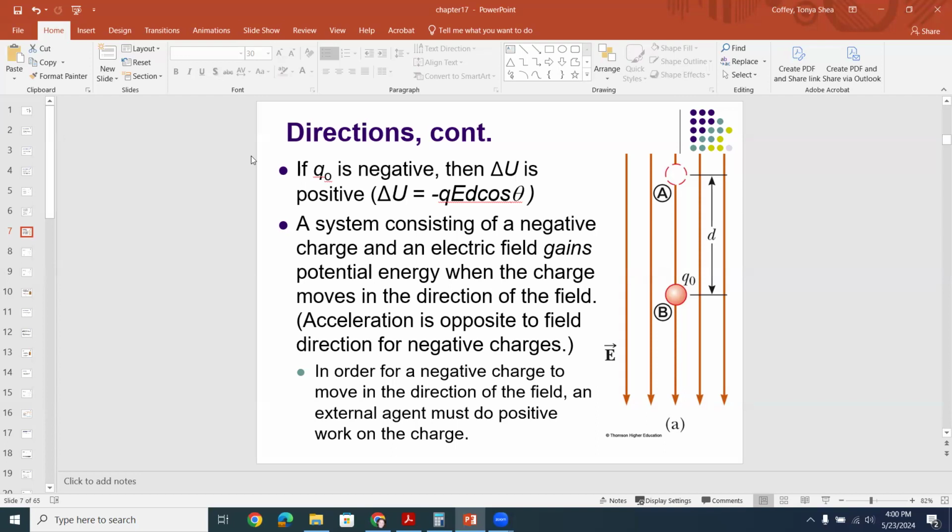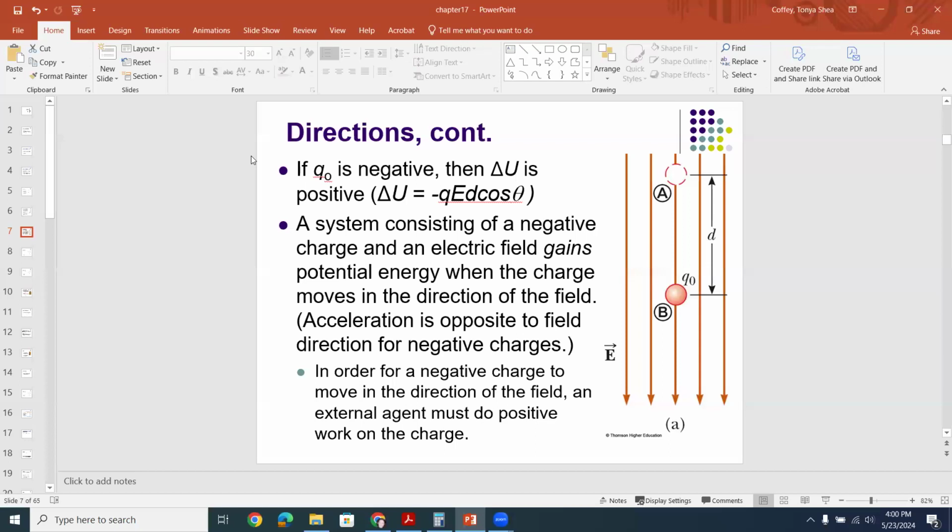Another way to think of it is for a negative test charge in this field, the acceleration would point opposite to the direction of the field, and that would have a tendency to make it slow down. Remember that I'm talking about the acceleration. That comes from QE equals MA. So if the charge Q is negative, then the acceleration is going to be opposite to the field.